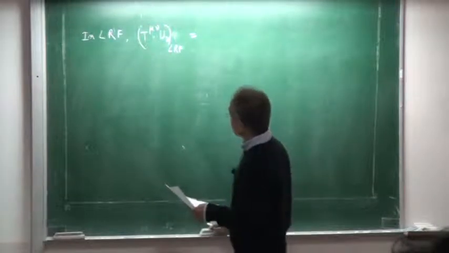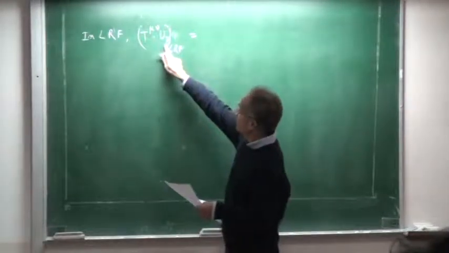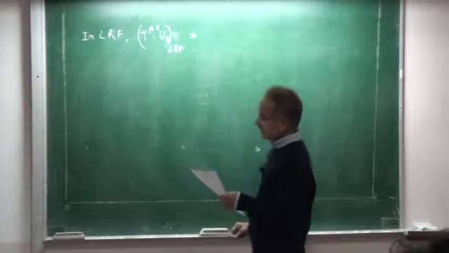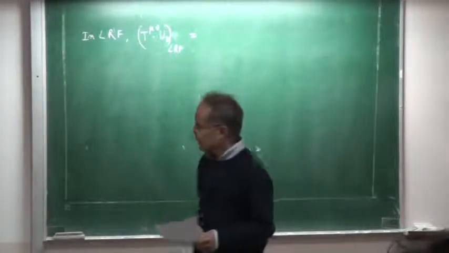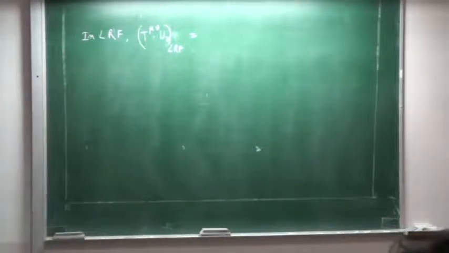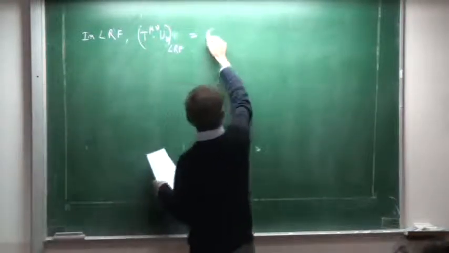I want to take the value of this. Look at this. T mu nu u nu is only when T0, so it is going to be epsilon u0, which is epsilon 1.